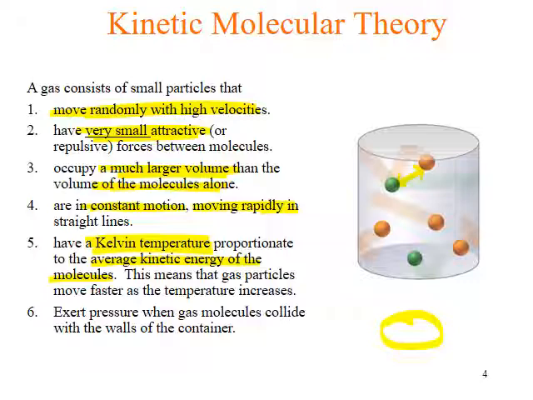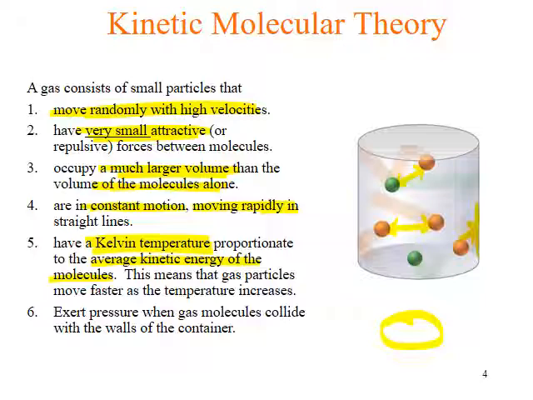Next, whenever these molecules are in motion, they collide with each other. They also collide with the wall or surface of the container. When they do that, they exert some force, or pressure, on the container. That is basically called the pressure of the gas.